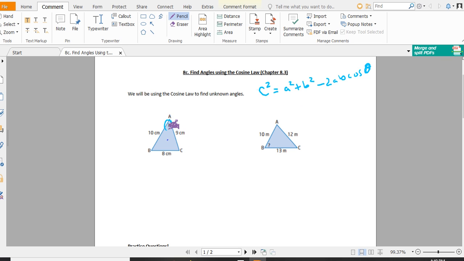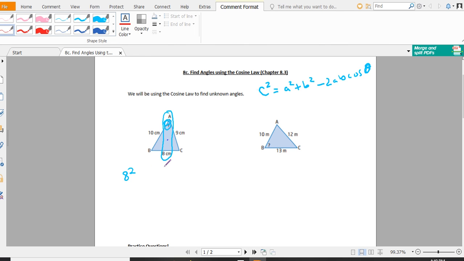So, our job is to find out what theta is. We need to find this angle. Now, here is the pair we're working with, right? So, if I rewrite that, it would be 8 squared will equal 10 squared plus 9 squared minus 2 times 10 times 9.